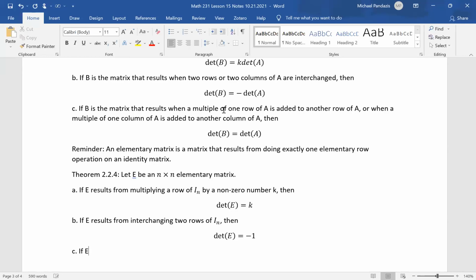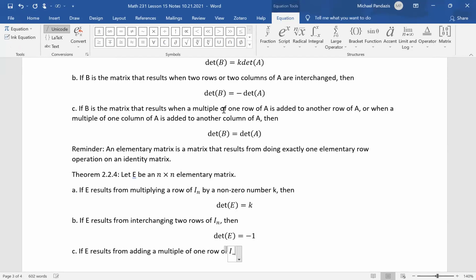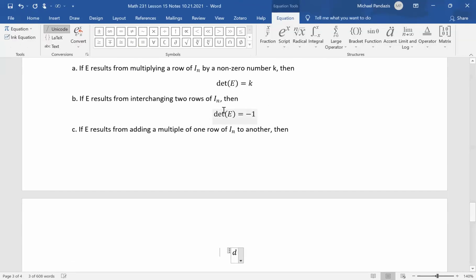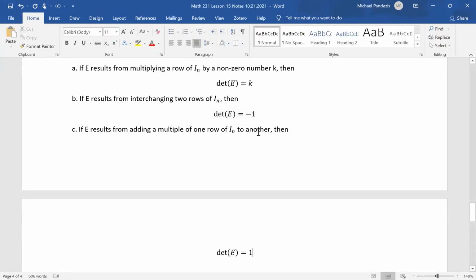C, if E results from adding a multiple of one row of I into another, then the determinant of that elementary matrix is equal to 1, because the previous theorem said that if you add a multiple of one row of a matrix to another one, it doesn't change the determinant. The determinant of the new matrix is equal to the determinant of the old one.